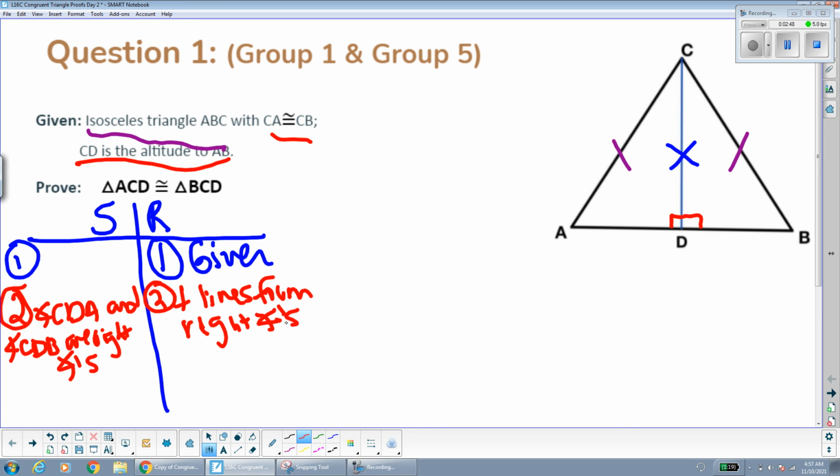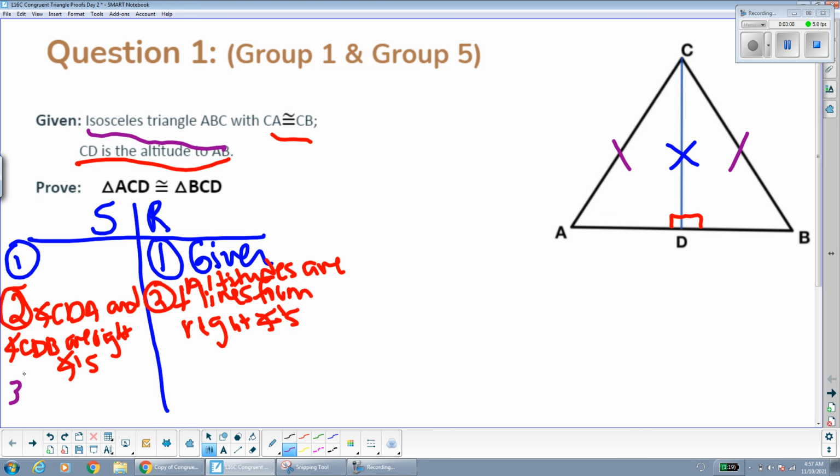We have an altitude. It's a perpendicular line that forms a right angle. You could also write as your reason altitudes are perpendicular lines that form right angles. That's a little bit more specific to this question, so I'll add that in. Altitudes are perpendicular lines that form right angles.